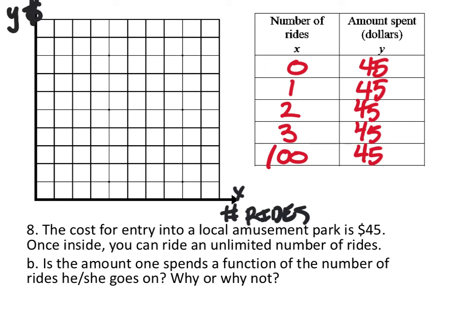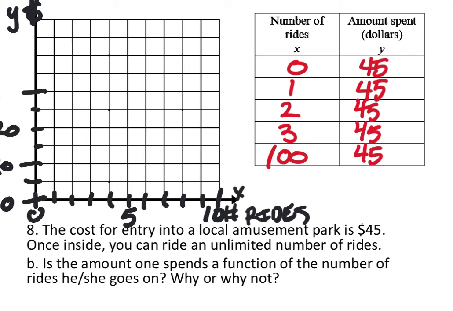So I'm just going to put a dollar sign there for cost. And we'll show the number of rides. Each line can represent 1. So that'd be 5 rides there, all the way up to 10 rides for us. And the cost, we need to get it to 45, right? So I'm going to see each line is $5. So there's 10, 15, 20, 25, 30, 35, 40, 45, 50.